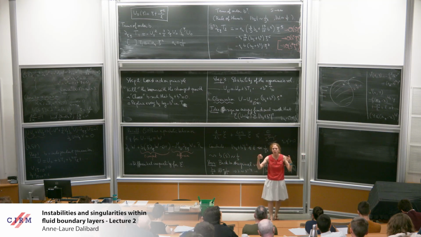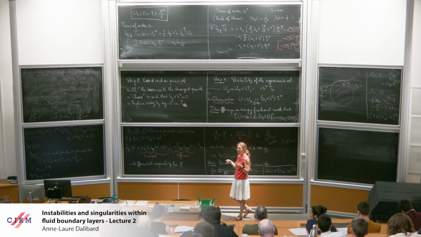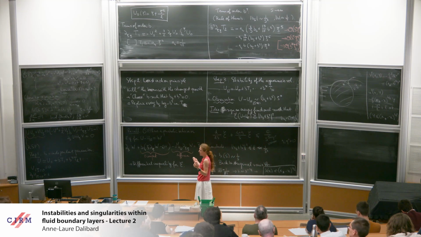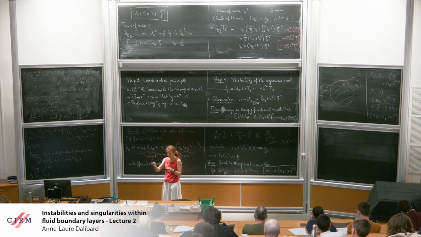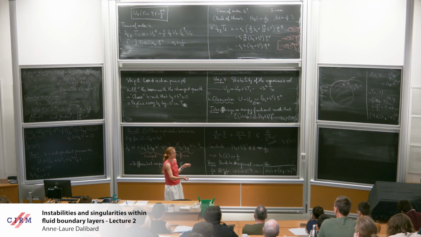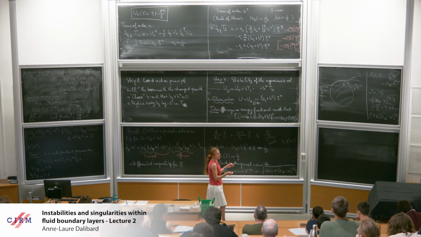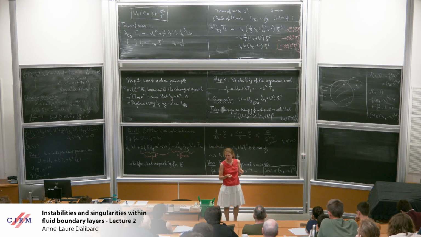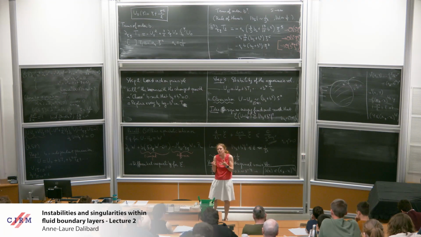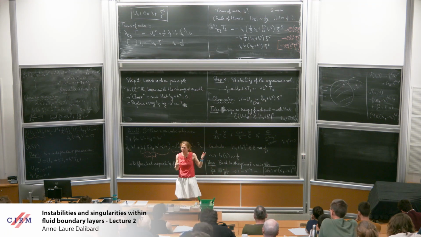So if you push further the expansion in terms of the Reynolds number, then you should have some kind of smoothing effects. Maybe if you take into account some lower order terms, the singularity disappears.